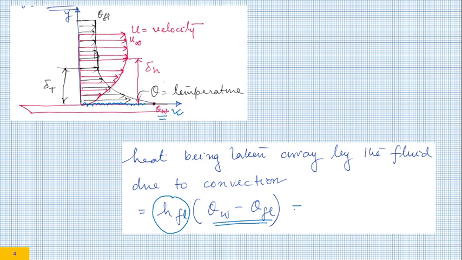So from the grinding point of view, one can write it as HFL into theta that we have used earlier. But let us not go into this direction for the time being. Just as a rejoinder, I reminded you how it is related to grinding. So this is the heat transfer from the hot plate to the fluid because of convective heat transfer.